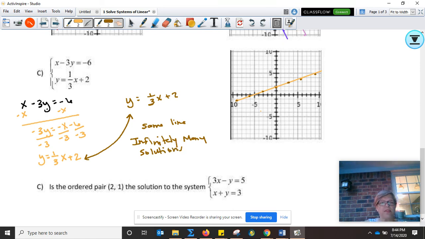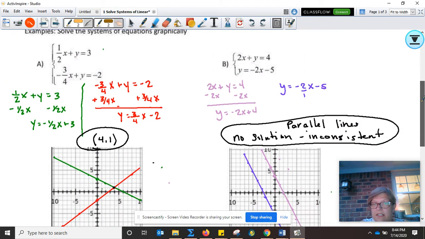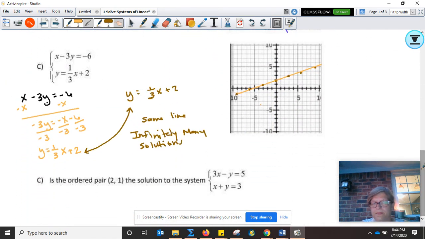And can you remember what that is? If not, you refer back up here. So that is dependent. It's a dependent system. I'm just doing that because I want you to know you can do it.